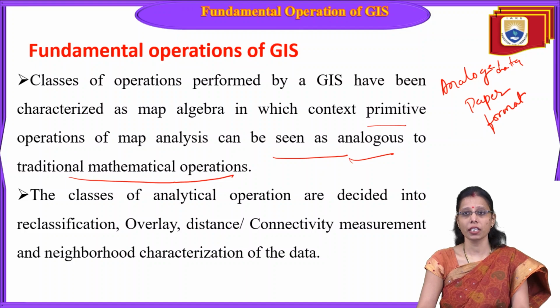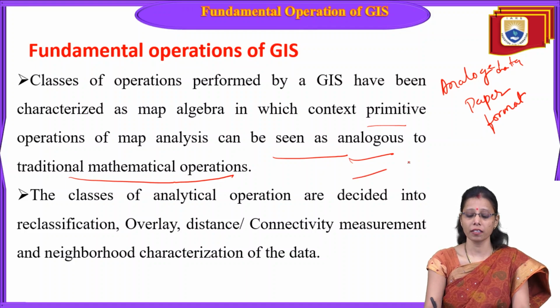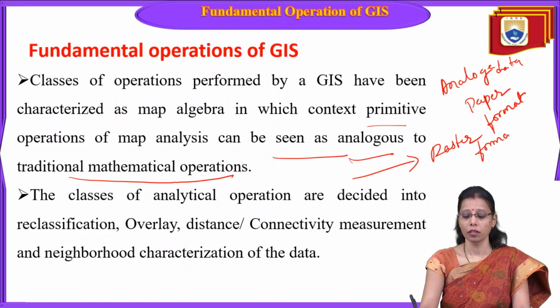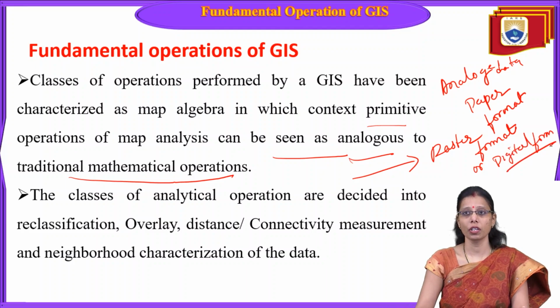Operations in GIS are possible when the data is in raster format, or in digital form. Once the data is in digital form, then only you can use it in the GIS process and work with the operations in the GIS methods.